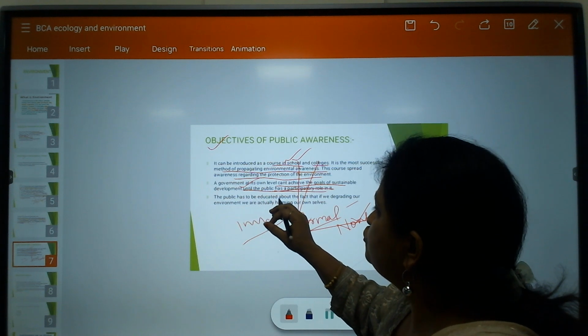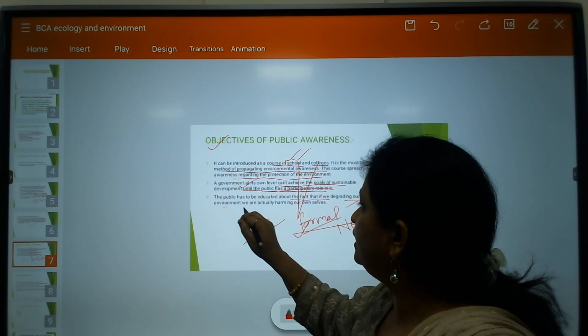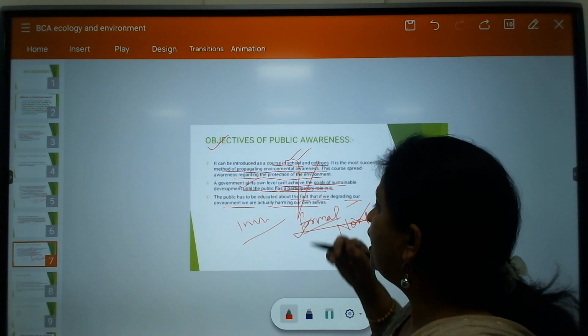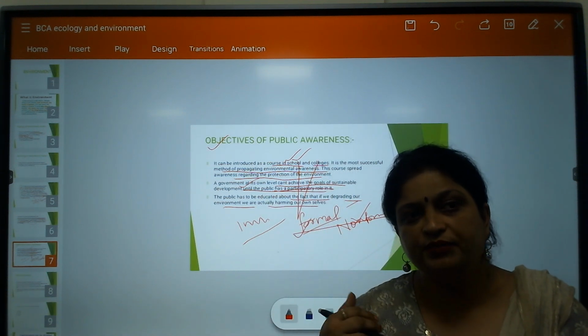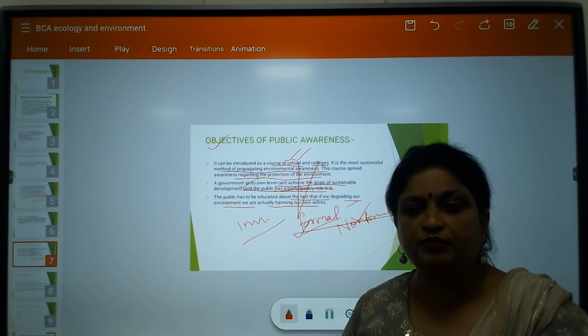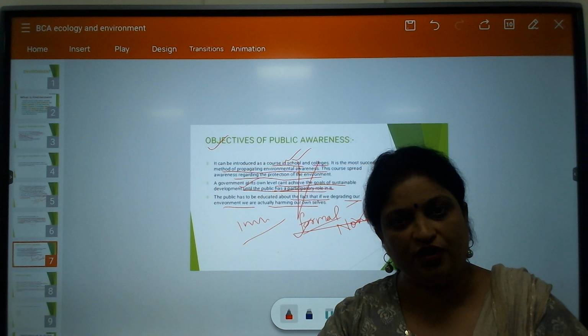The public has to be educated about the fact that if we degrade our environment, we are actually harming ourselves. That should be kept in mind; make the general public understand that you harm yourself if you harm the environment.